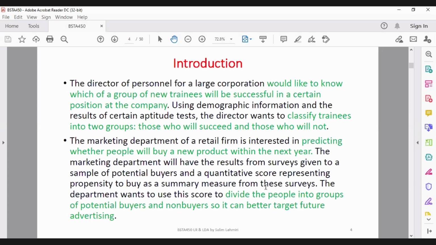The department wants to use the score to divide customers between real potential buyers and not real potential buyers.